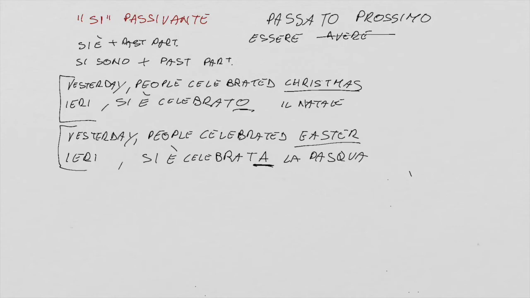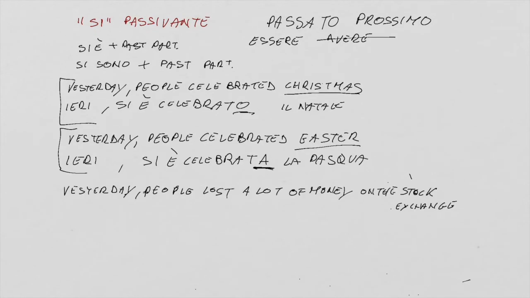Let's see now another example using a plural direct object. Yesterday, people lost a lot of money on the stock exchange.